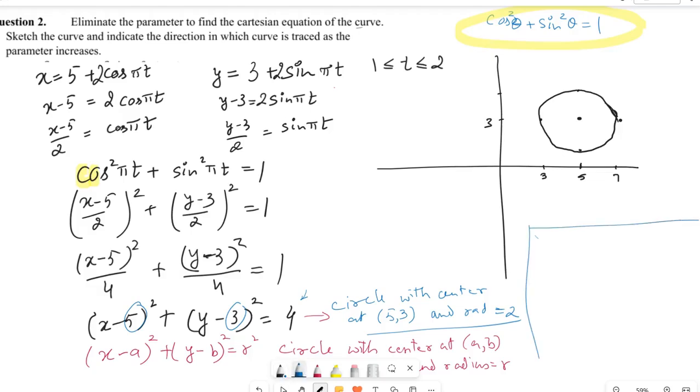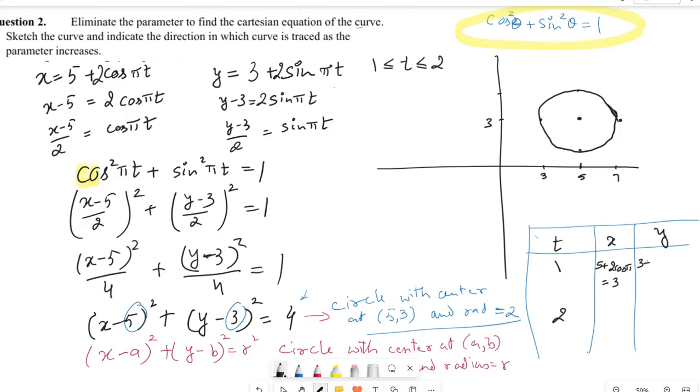For the direction, you can draw at least 2 or 3 points. Our t value is starting from 1. I'm going to take 1 and then 2, just to know where it is starting and stopping. When I put 1 in here, x is 5 plus 2 cosine pi. Cosine pi is -1, so that's going to be 5 minus 2, 3.